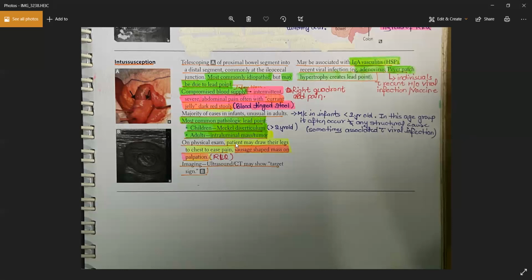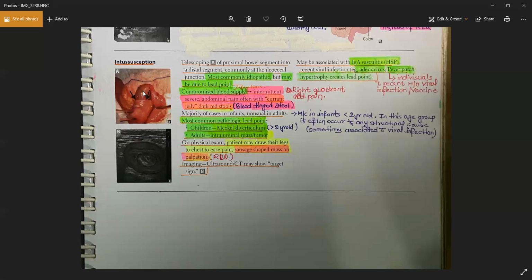These are the causes. Now, what you will expect in the intussusception: the patient will present with nausea, vomiting, constipation sometimes, and fever. The patient will also get the currant jelly stools, which is a blood-tinged stool, because the blood supply to that area will also be compromised.